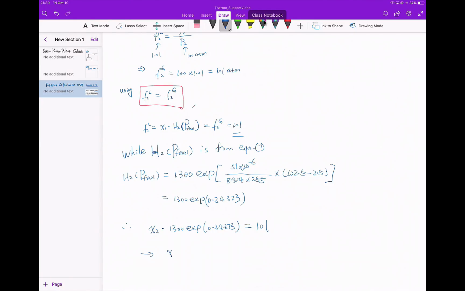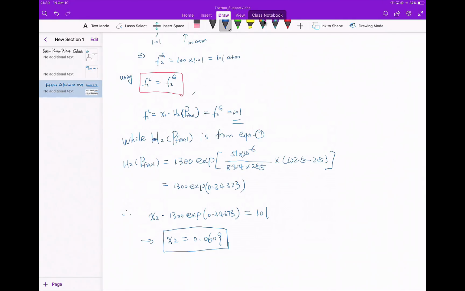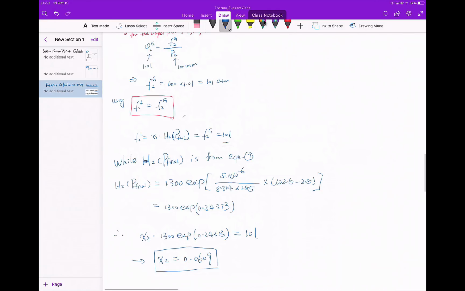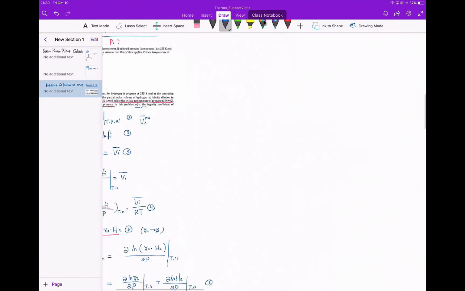From there I figure out that the solubility of hydrogen in liquid propane at this 2.5 total final pressure is 0.0609. It is indeed a quite small value, so it justifies the use of Henry's law. So eventually we have this problem solved.